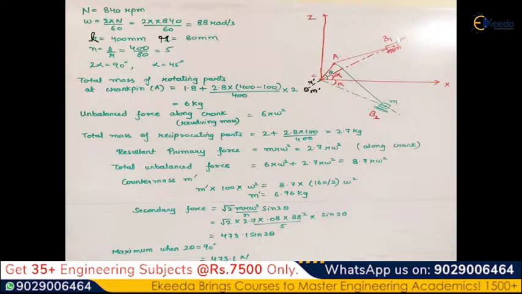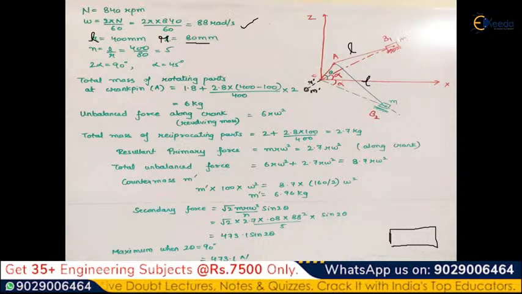So omega becomes 2 pi n upon 60, which is 88 radian per second. The length of both the connecting rods is given as L, that is 400 mm. Now where did we get the value of R, which is the length or radius of the crank? The piston stroke is given, which is 160 mm.